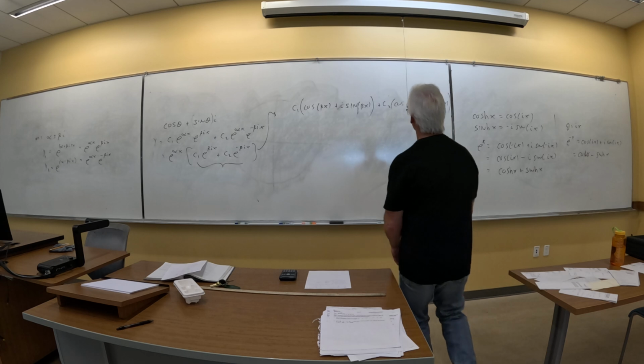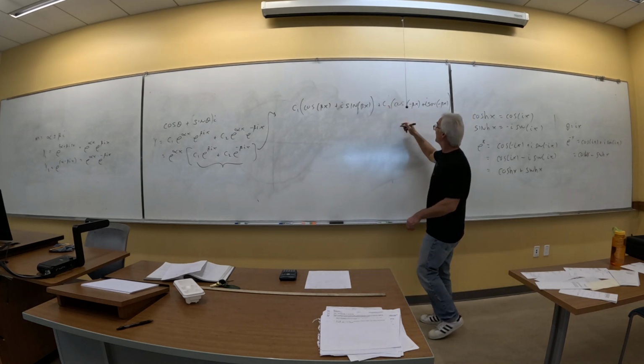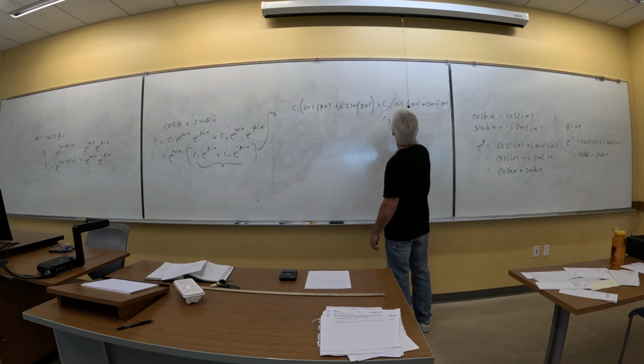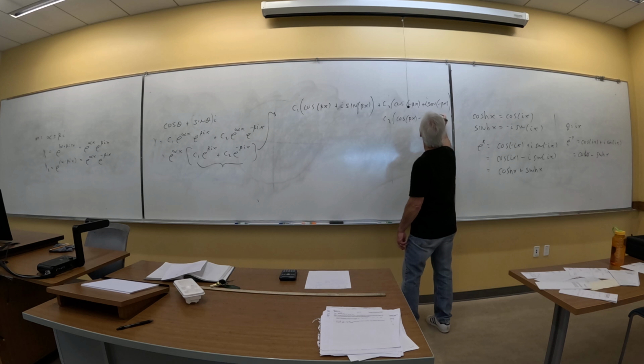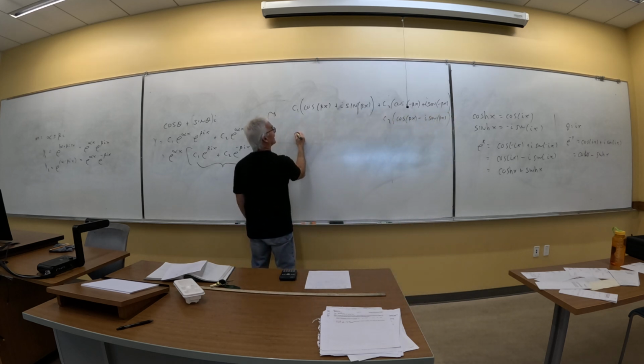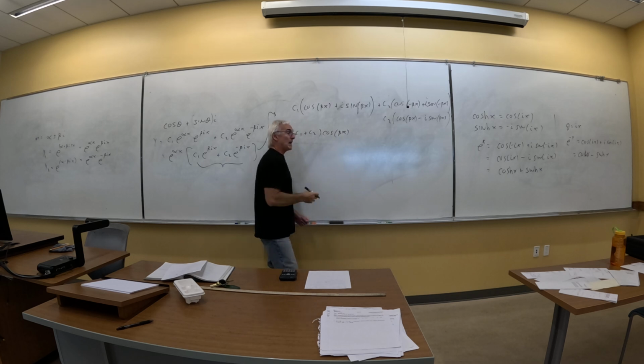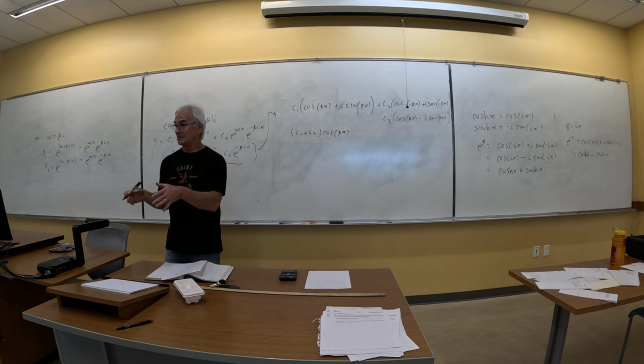All right, let's distribute and gather terms. Oh, wait a minute, odd and even. Then this becomes C2 cosine beta x minus i sine beta x. Now when I gather terms, what do I got? I've got C1 plus C2 times the cosine of beta x. By the way, beta x is real.